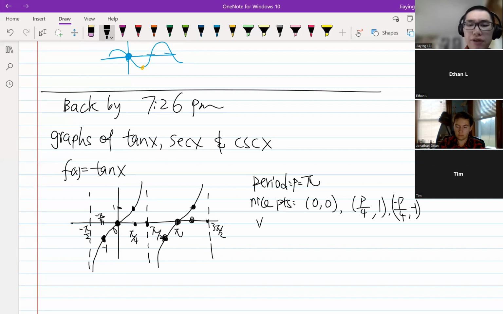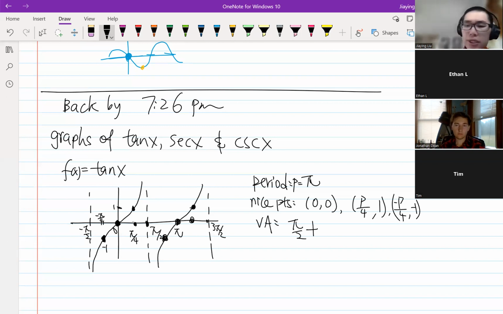And then there are going to be vertical asymptotes. That's going to be at pi over 2, 3 pi over 2, negative pi over 2. So it's going to be at pi over 2 plus, hold on, let me just make sure it's correct.